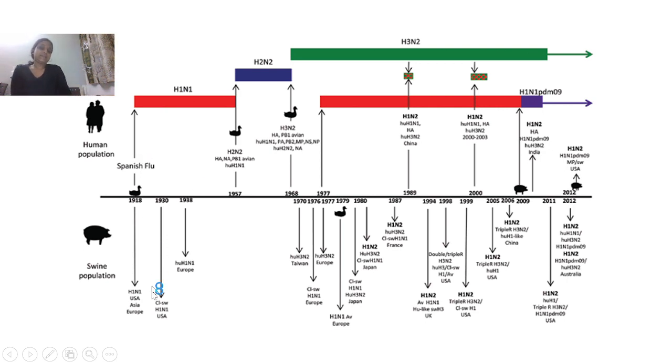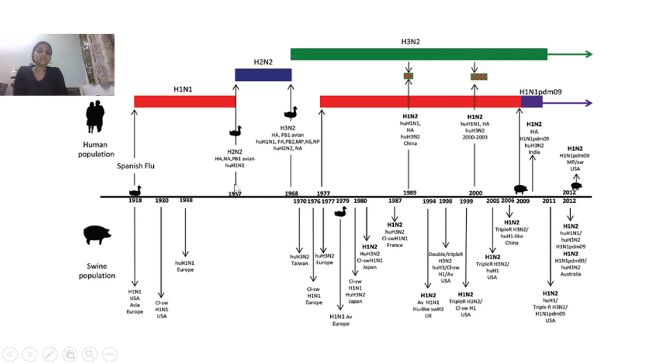Here you can see 1930 again, some H1N1 strain caused an epidemic in the USA, then in Europe by human H1N1. So this Spanish flu was caused by an avian virus. From the birds it went to the human population.